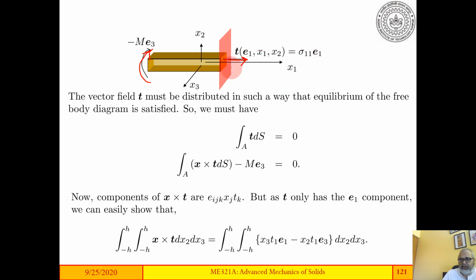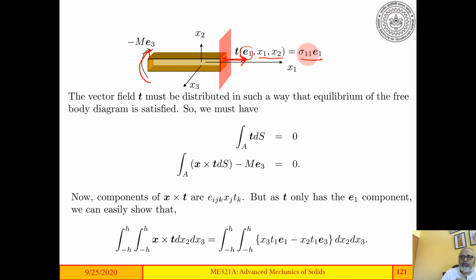This part that we have chopped off is exerting this force T on the part on the left, and T is equal to, as we found from the Cauchy relation, sigma 11 E1. It's directed in this direction, and X is (X1, X2), a point here. It doesn't depend on X3.